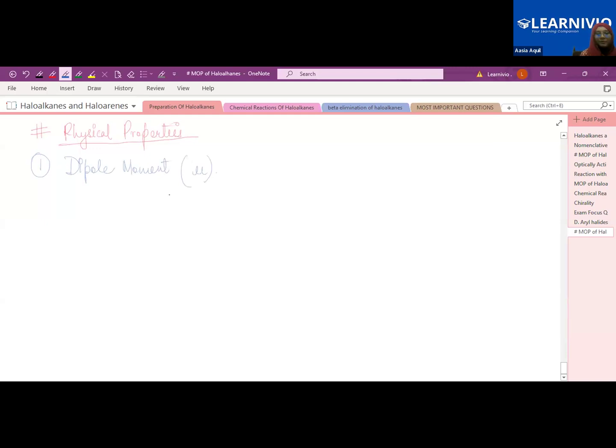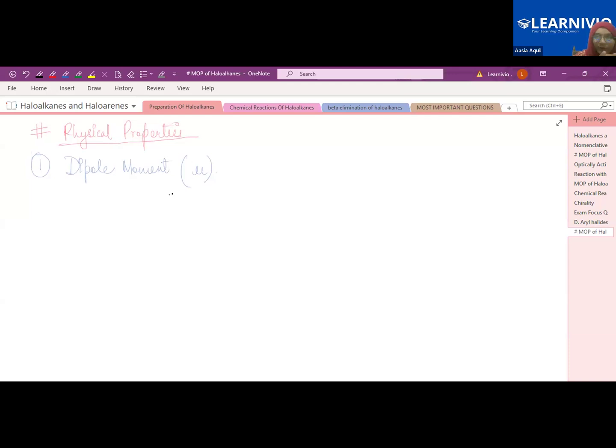Do you know what dipole moment is? Lubna, what is dipole moment? Charge within a molecule.